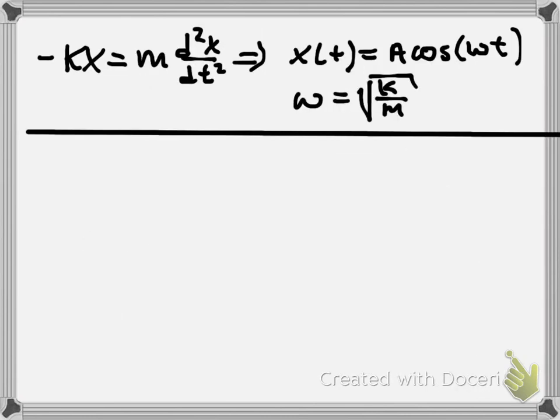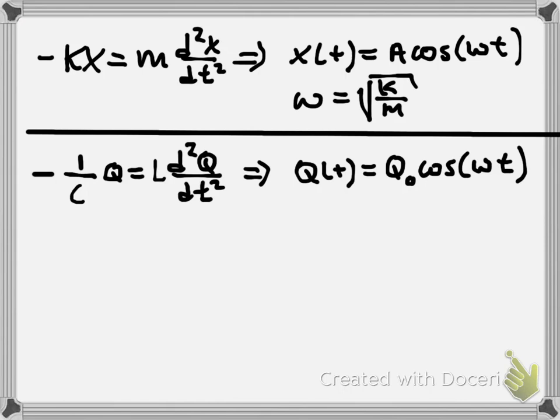So since we already know what the solution for the position as a function of time is for a spring mass system, and we know that that solution is periodic, and that the angular frequency is the square root of k over m, that tells us that for our new equation here for the LC circuit, the charge in the capacitor should also change periodically with time, q0 cosine omega t.